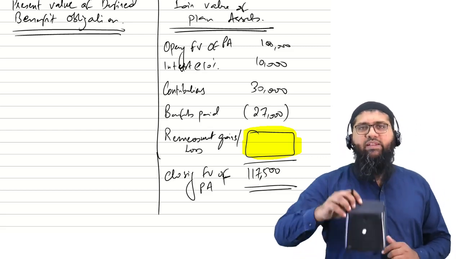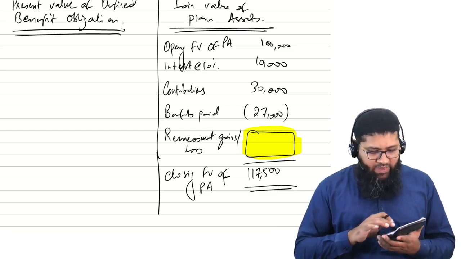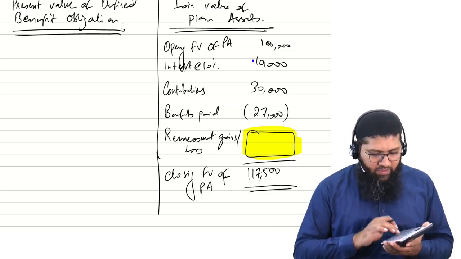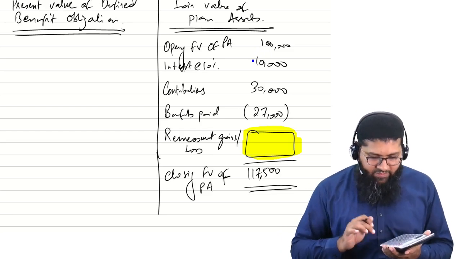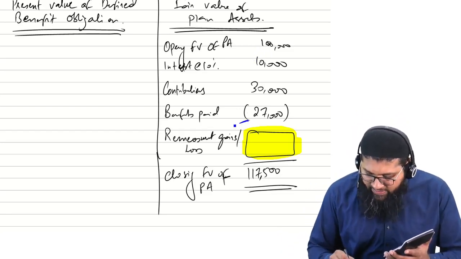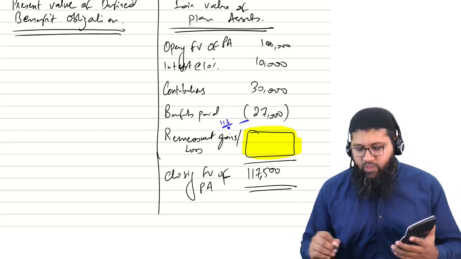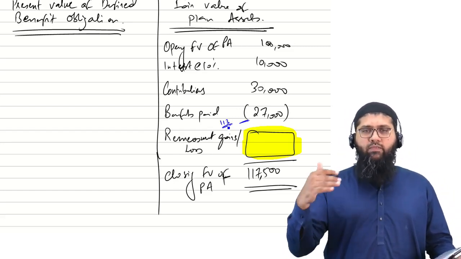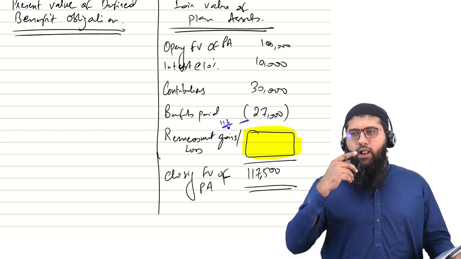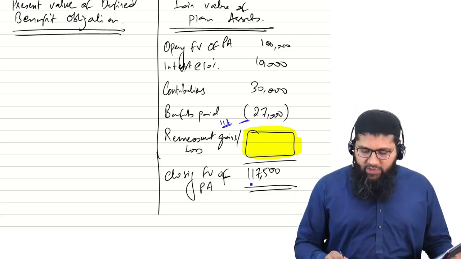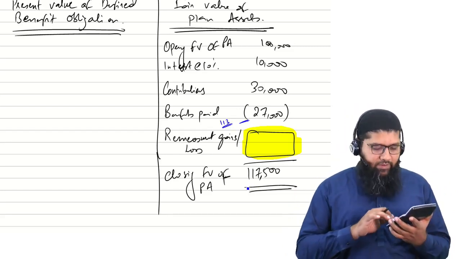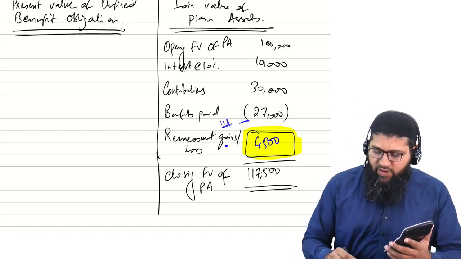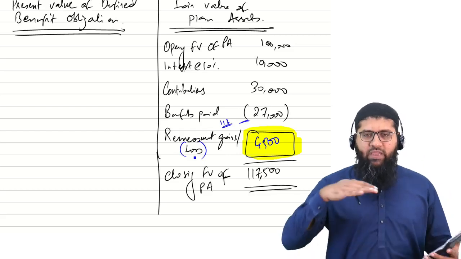So we expected these assets to be 100,000 plus 10,000 plus 30,000 minus 27,000. So we expected it to be 113,000 till here. Now it turns out to be 117,500. 4,500 is actually a remeasurement gain.